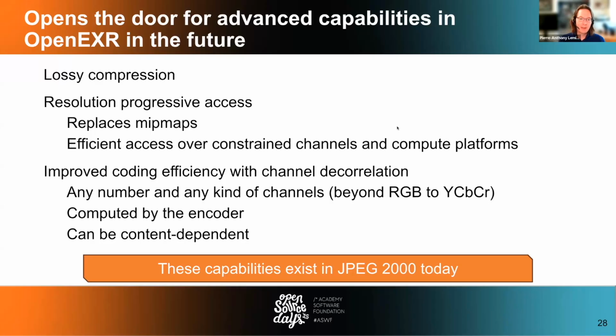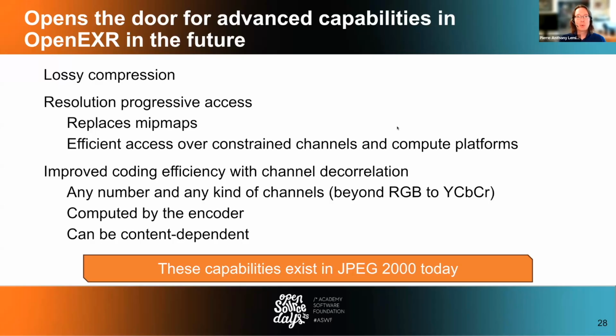Another really neat thing is that, out of the box, JPEG 2000 supports decorrelation across any number and any kind of channels. Simple decorrelation is, of course, from RGB to YCbCr, but the framework of JPEG 2000 allows you to take, let's say, 60 channels and decorrelate all of them together and come up with the set of channels with the least amount of correlation.